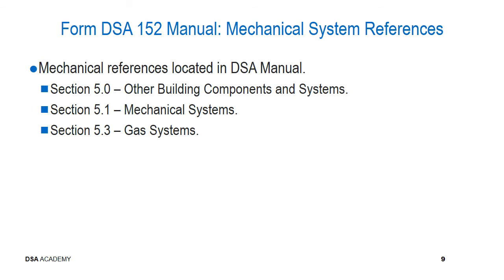Some of the sections that may be applicable to mechanical systems installations are Section 5.0, which is titled Other Building Components and Systems, Section 5.1, which is titled Mechanical Systems, and Section 5.3, which addresses gas systems.